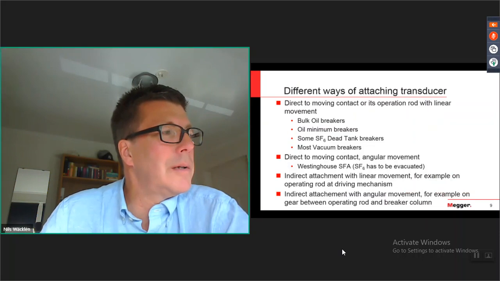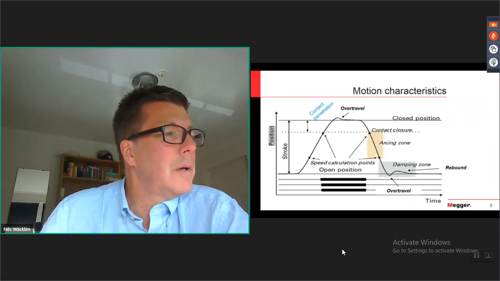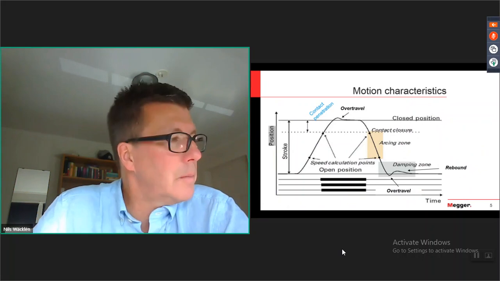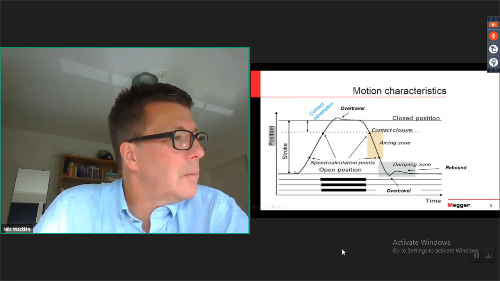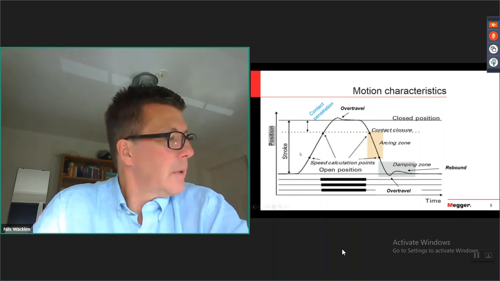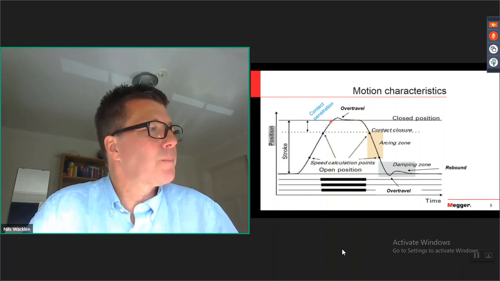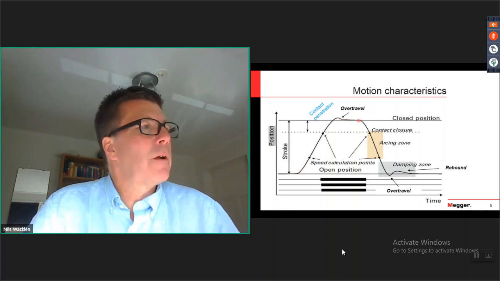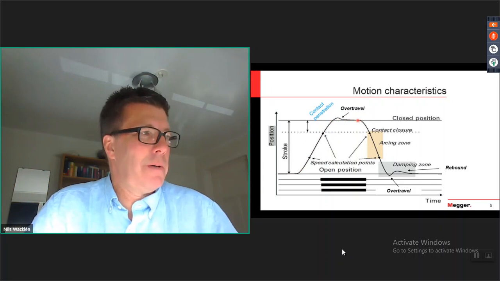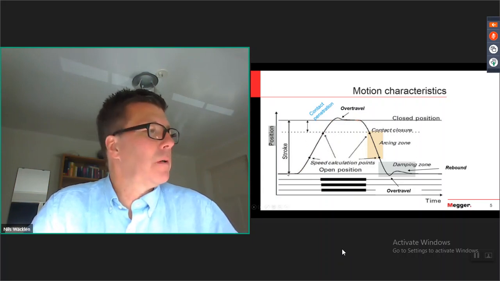So about the previous question, we had the graph here. The graph is supposed to show the travel versus time of the contact.